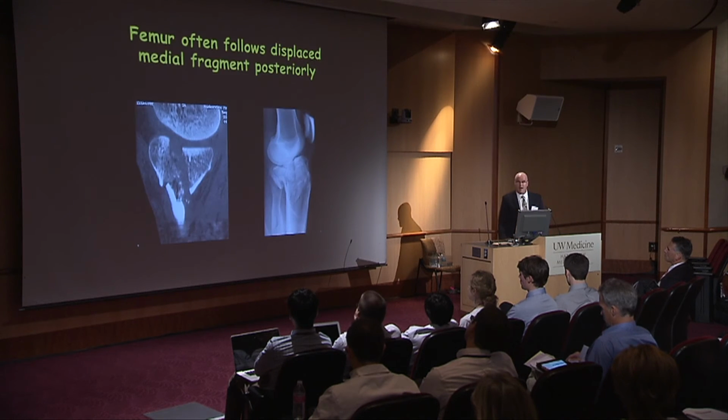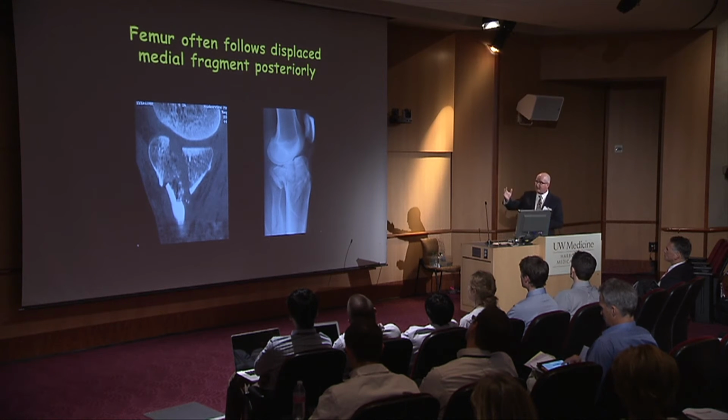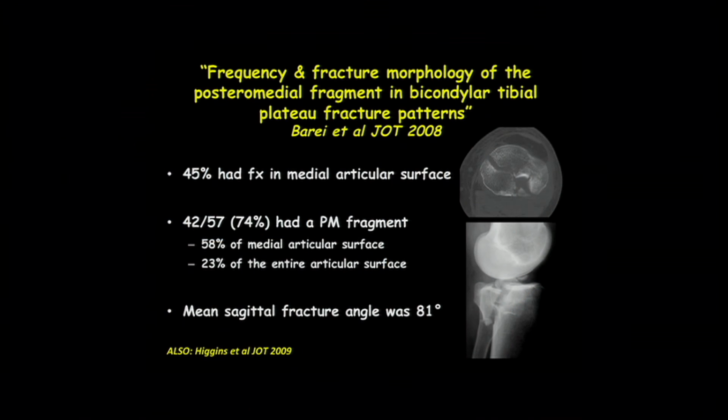And not just on the AP either. When we have these posterior medial fragments, it's often the femur that subluxates out the back with these vertical fractures that are often a result of shear. Our partner Dave Beret looked at the frequency and the morphology of these posterior medial fragments and found that in these bicondylar injuries 45% had a fracture in the medial articular surface.